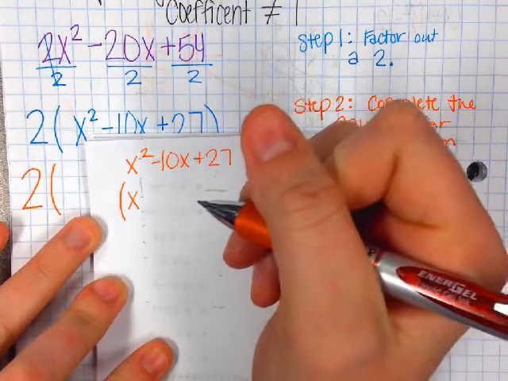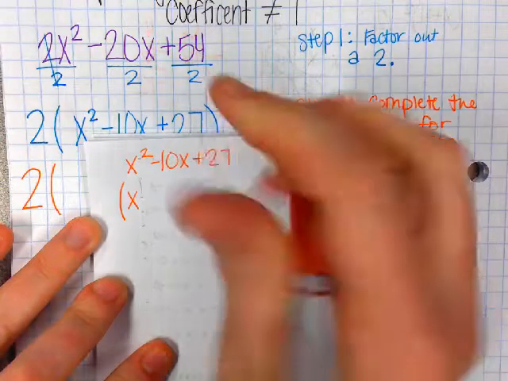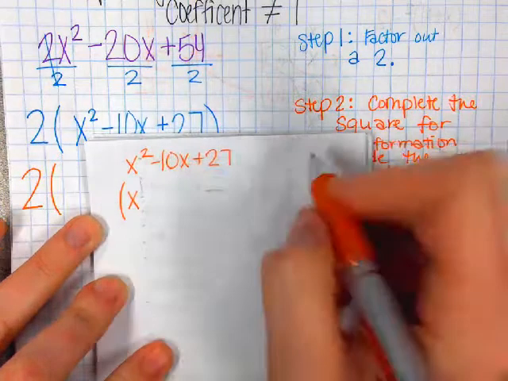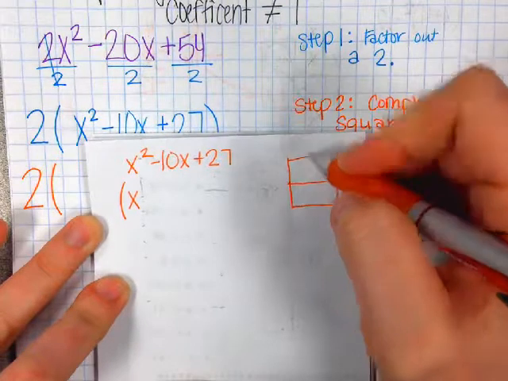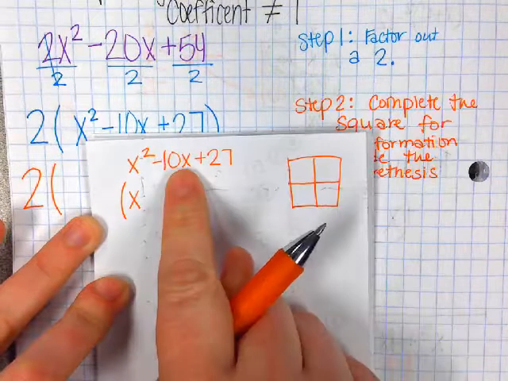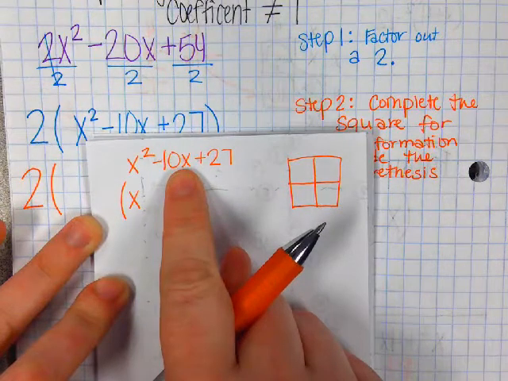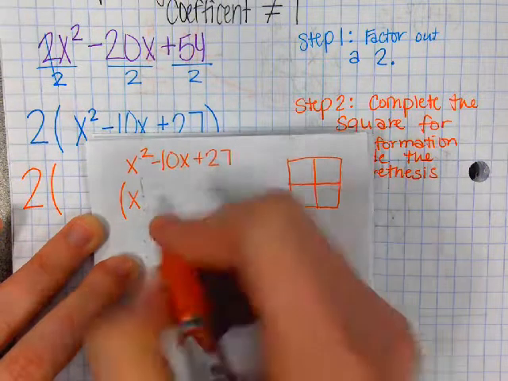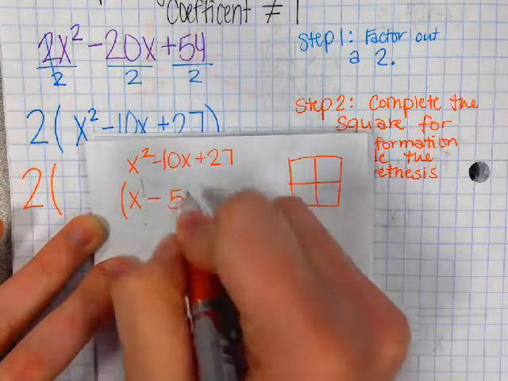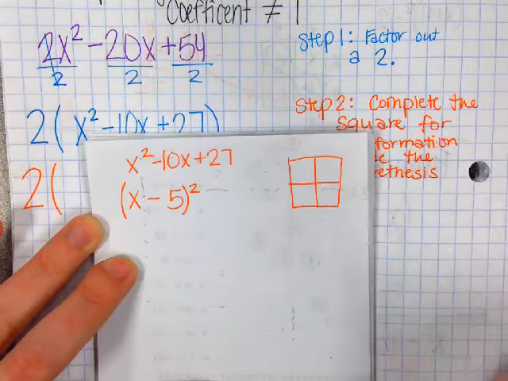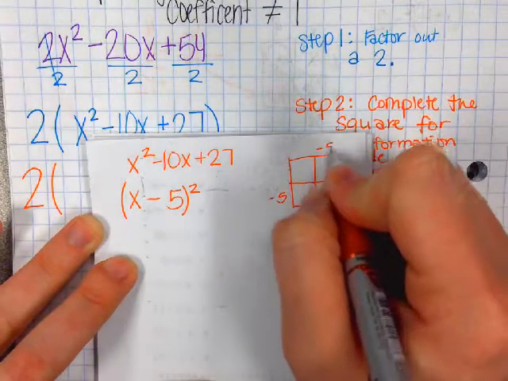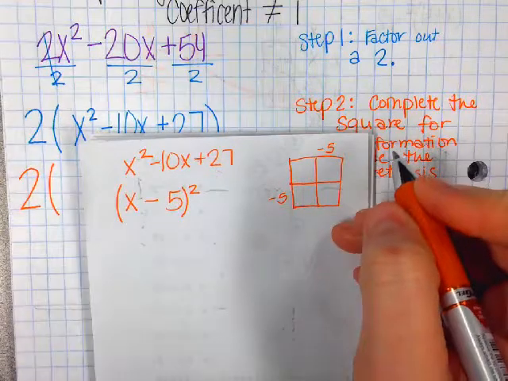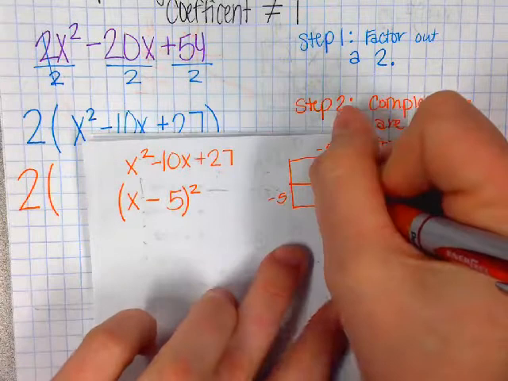What makes an x squared when you multiply? X times x. If I was doing algebra tiles, how could I split negative 10x up evenly? Divide it by 2, so it would be negative 5 squared. Now if I have a negative 5 times a negative 5, what's that?